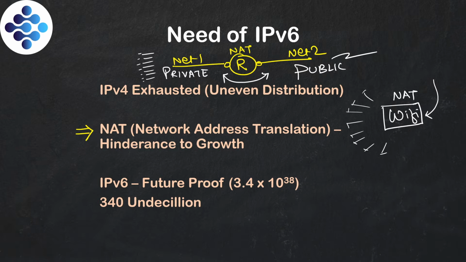But why is it mentioned that it is a hindrance to growth? The reason behind it is that the devices on the private network are actually hidden from the external world. Yes, they are actually hidden from the external world. Now more and more devices are coming up, and those devices really require a public IP address.